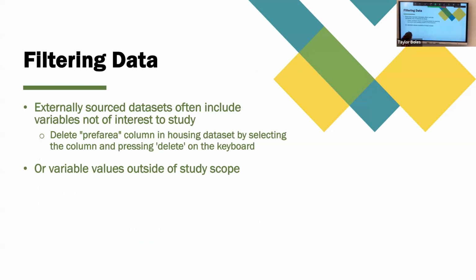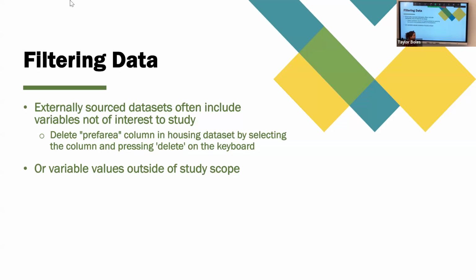So, filtering your data. Externally sourced data sets often include variables that aren't of interest to the study. For the housing data set, there's a column that's called pref area. And for the purposes of this workshop, we're not interested in looking at that column, so you can just go ahead and delete it.